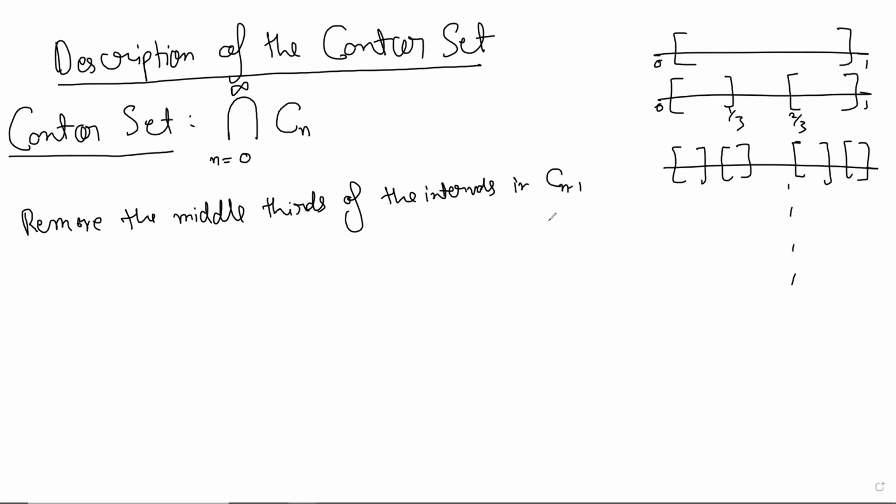So what could be a good description? You know, like you can say that defining the Cantor set in the set builder form, maybe. Or kind of give a property which describes it.